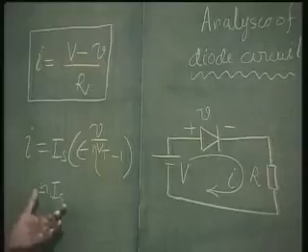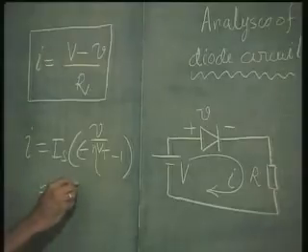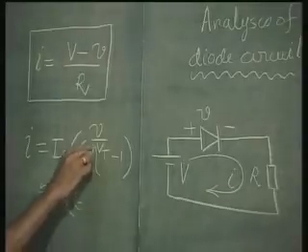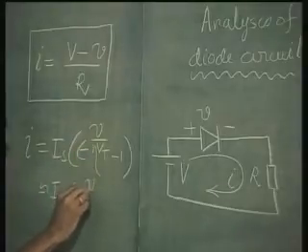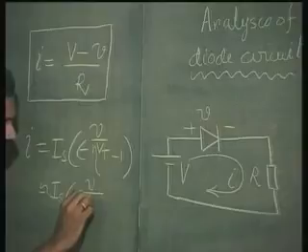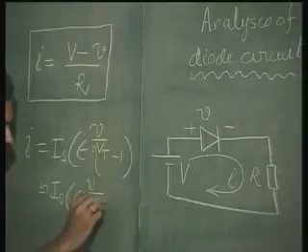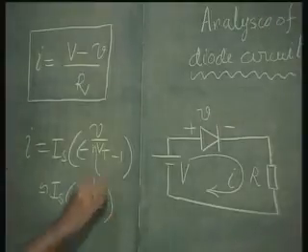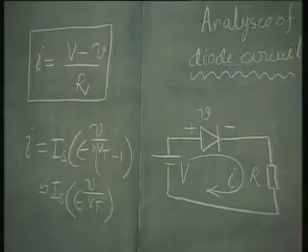Is is typically of the order of picoamperes for silicon diodes, and eta can be taken to be 1 to 2. We will take it as 1 here, and the minus 1 can be ignored. So, this is the approximate result in the forward bias region.